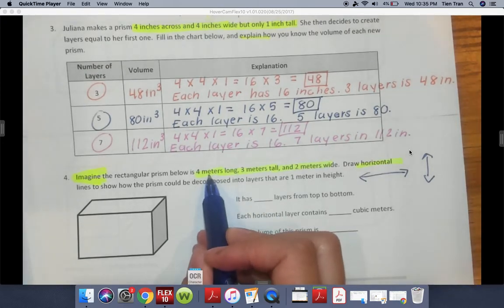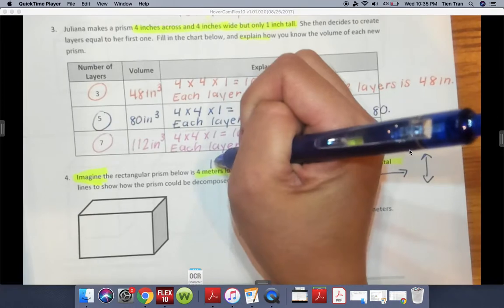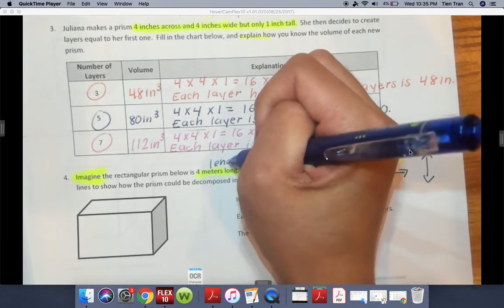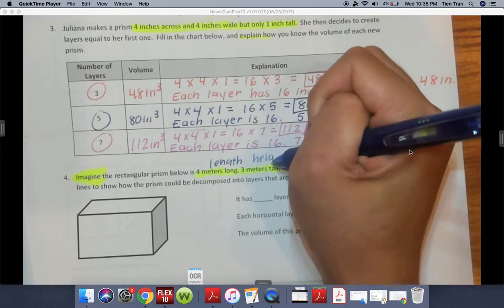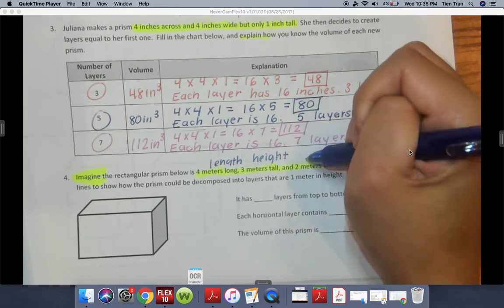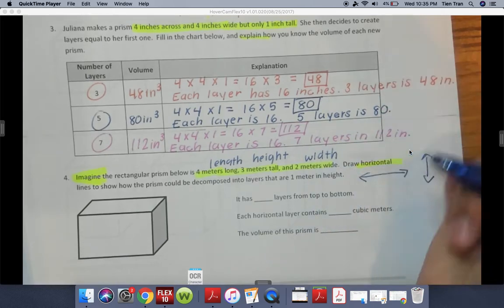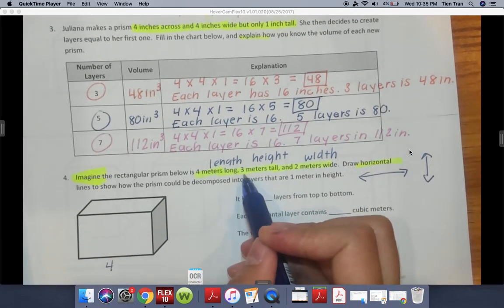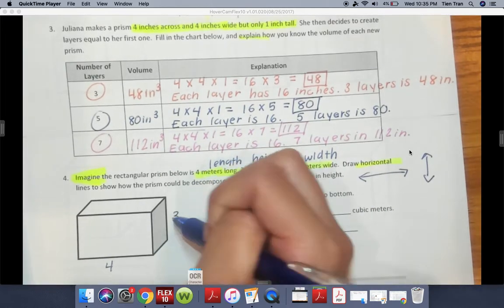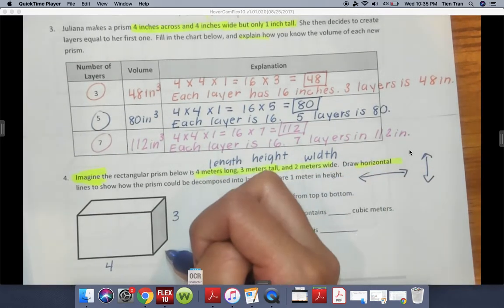It says right here 4 meters long, which tells me the length. 3 meters tall tells me the height. And 2 meters wide tells me the width. So the length is 4 meters, the height is 3 meters, and the width is 2 meters.